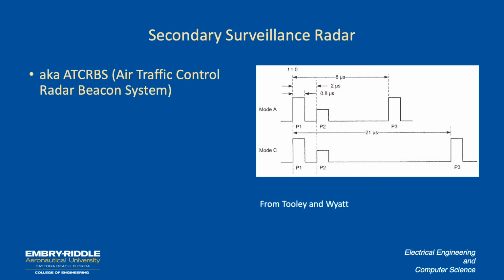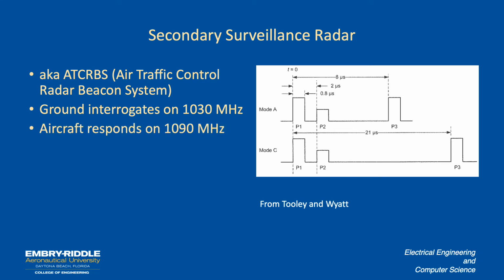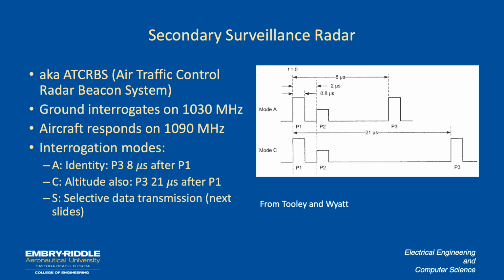So secondary surveillance radar, also called ATCRBS, Air Traffic Control Radar Beacon System. Mode A and C were encoded. The interrogation comes in from the ground to the aircraft on a 1030 megahertz carrier. The aircraft responds on 1090 megahertz. And we saw these Mode A, Mode C interrogation modes that were indicated by the way these pulses came in.